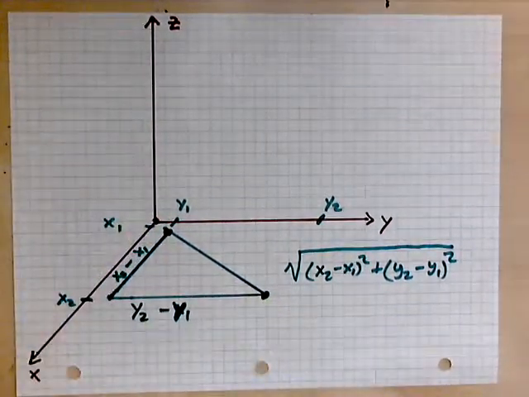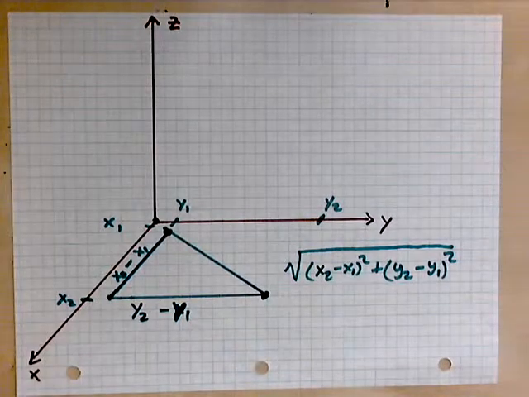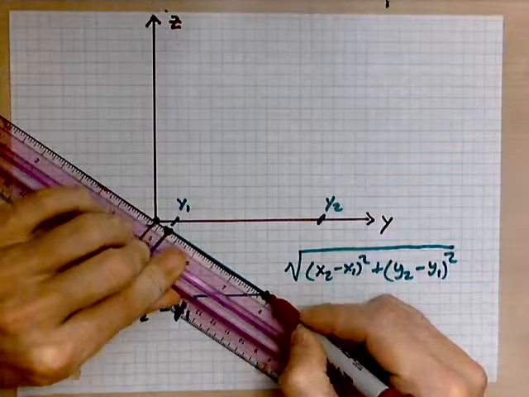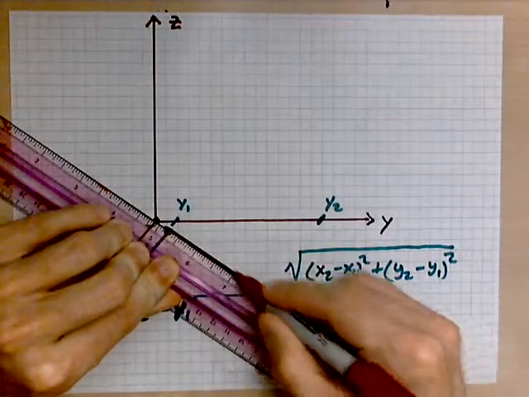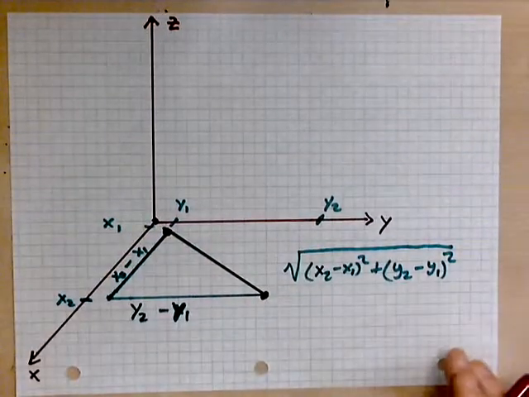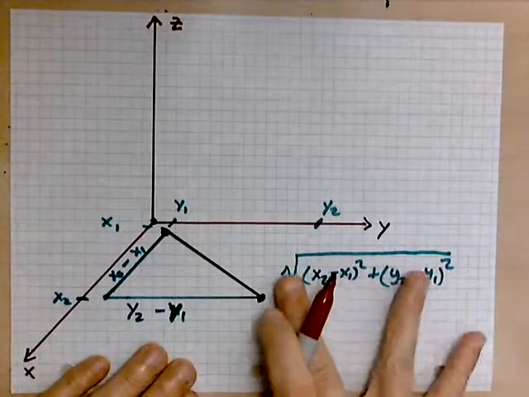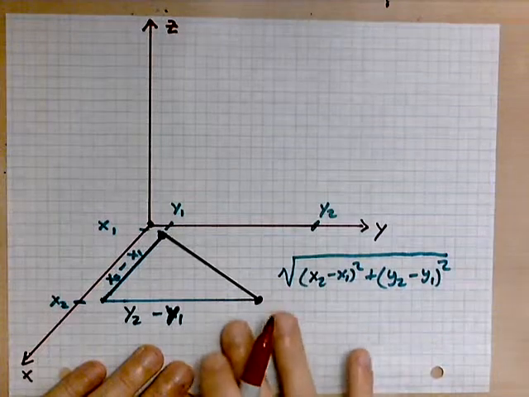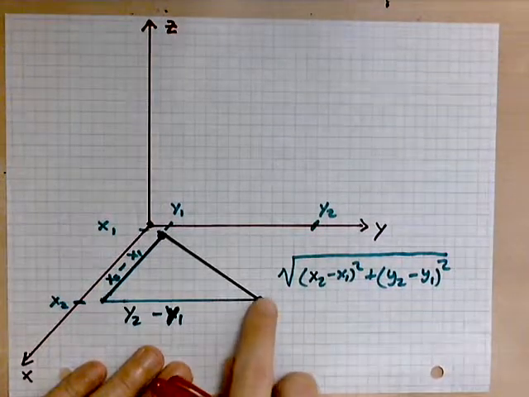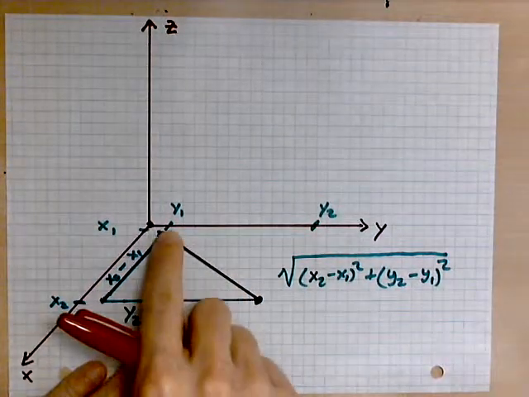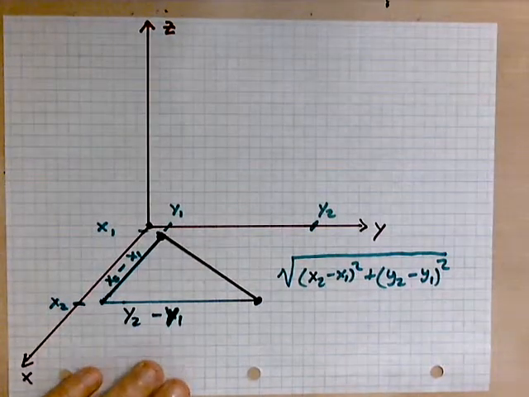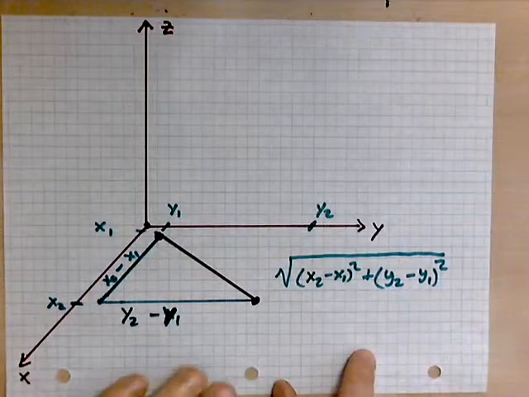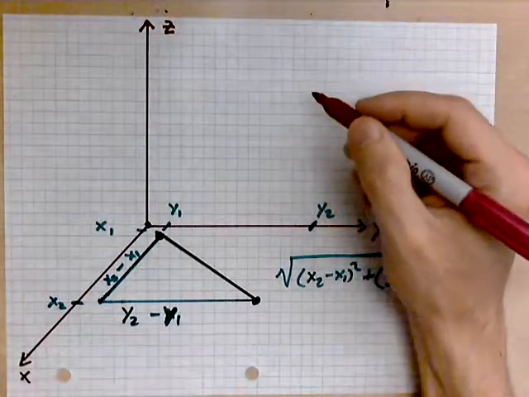Okay, so let me trace that segment with another color here. So this quantity is the Pythagorean theorem applied only within the xy coordinate plane to find only the length of this line.